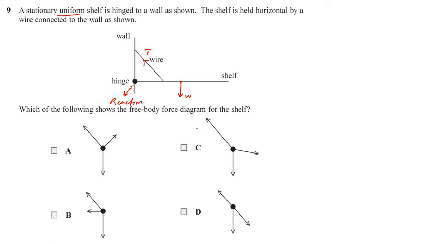And because the shelf is held horizontally, all forces are in equilibrium. So you need to find a way in which all three forces are in the right direction. Let's check one by one.